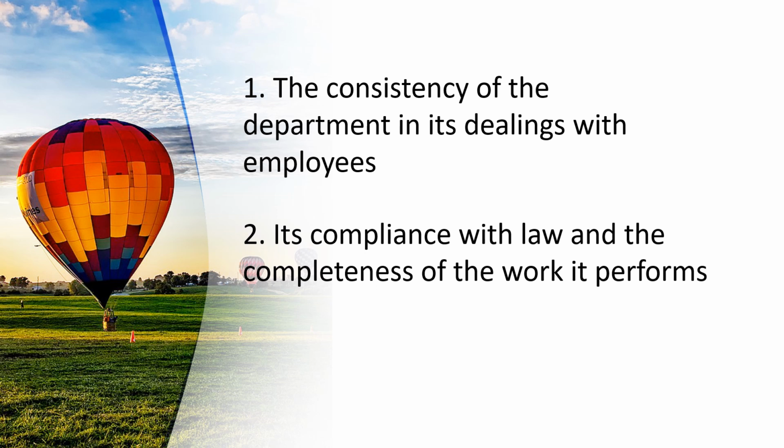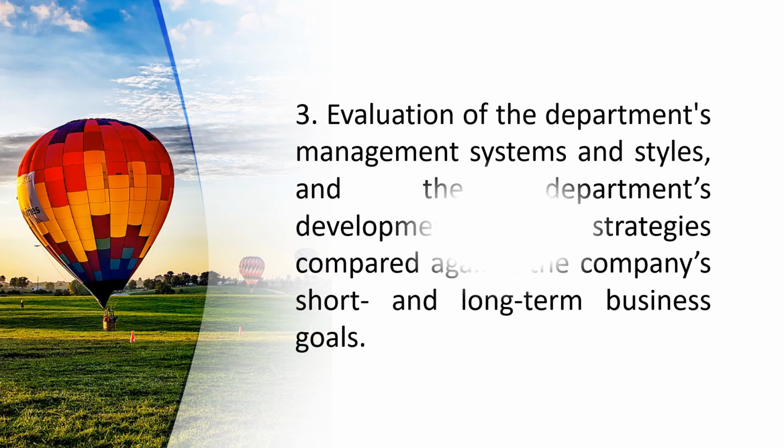Second, its compliance with law and the completeness of the work it performs. And number three is evaluation of the department's management systems and styles and the department's development strategies compared against the company's short and long-term business goals.